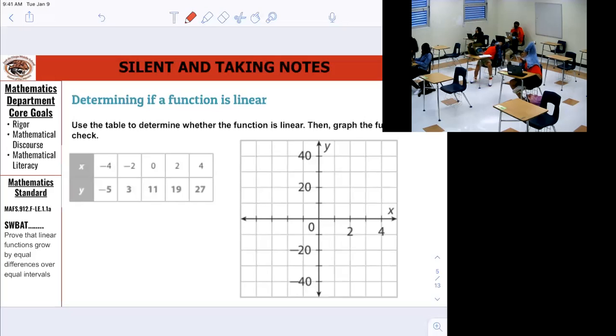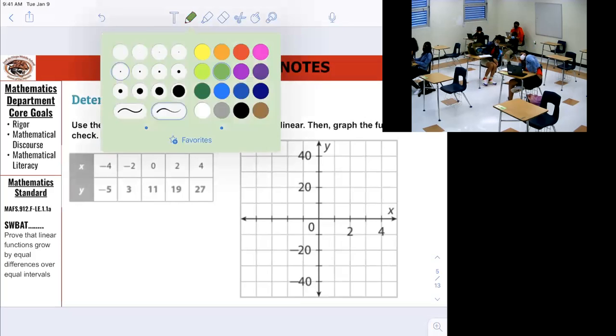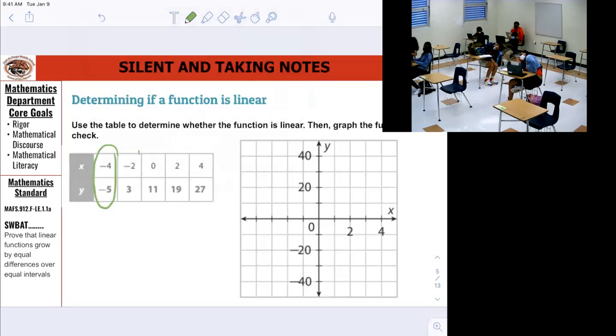So what I want you guys to do is take 3 minutes to tell me, is this a linear function? So do exactly what we were doing before. Check 3 times, find the rate of change between the first 2 set of points, then the second 2, and then the third 2. And go ahead and tell me if this is a linear function. So 3 minutes.